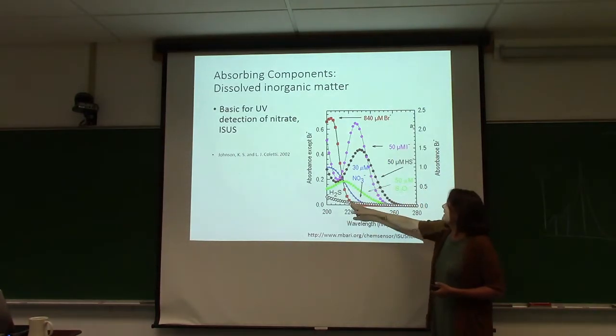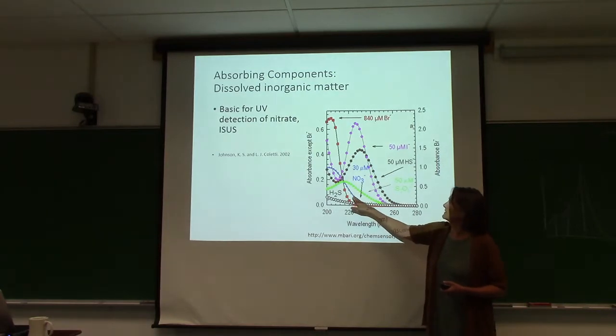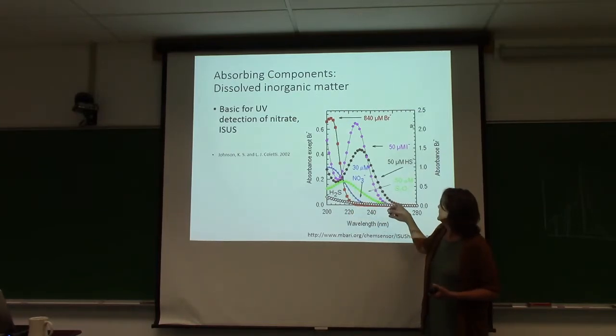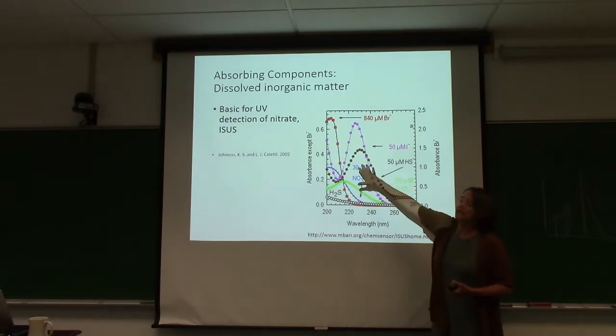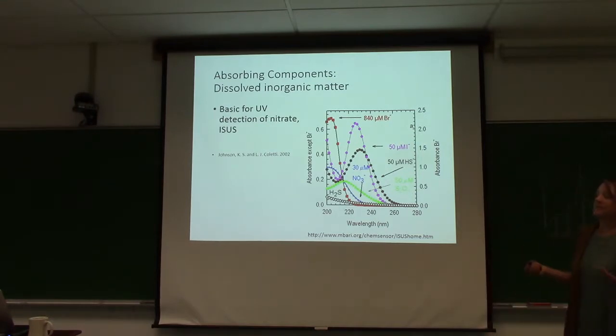Hydrogen sulfide, nitrate, this is the absorption by nitrate. This is why we can measure nitrate concentration optically in the ocean. It's by measuring the absorption coefficient in the UV. Here's sulfate. So a lot of these inorganic salts have a pretty strong absorption coefficient in the UV. Again, an opportunity. You can build a sensor around that.